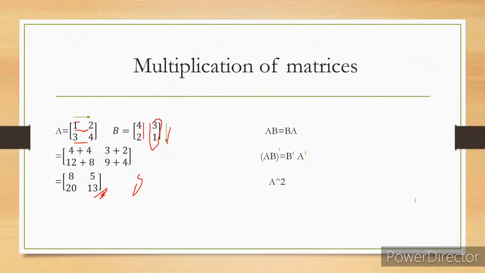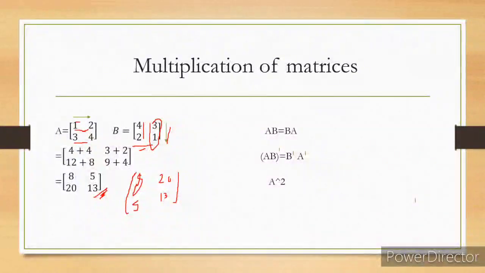So you'll get 8 and 5, which is in a row, will be changed into a column, 8 and 5, and 20 and 13, which is in a row, will be changed into a column as 20 and 13, and enclose it in the bracket. Next, B transpose A transpose means first convert this B into its transpose, then A also you have to transpose, then multiply it.